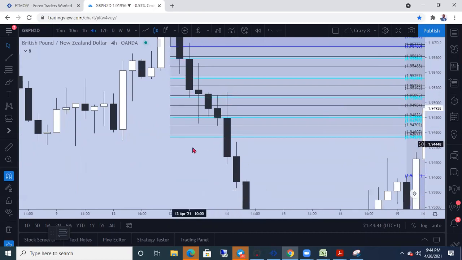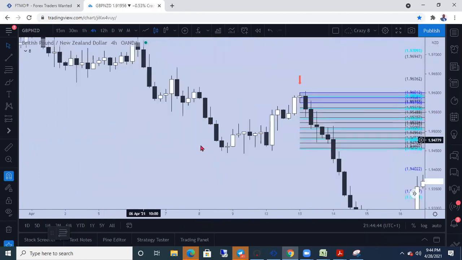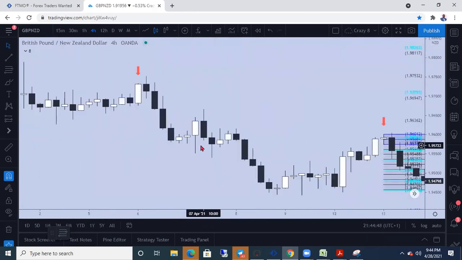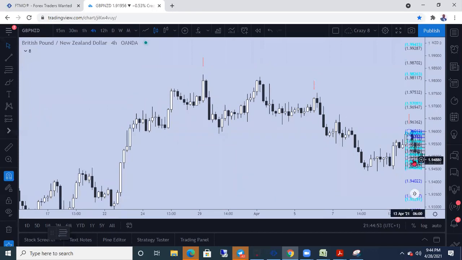Right? So notice the number of times you would have had winning trades vis-a-vis the number of times you would have had losing trades. And when you have winning trades, how deep price goes, or how high price goes in your favor vis-a-vis when you have losing trades.